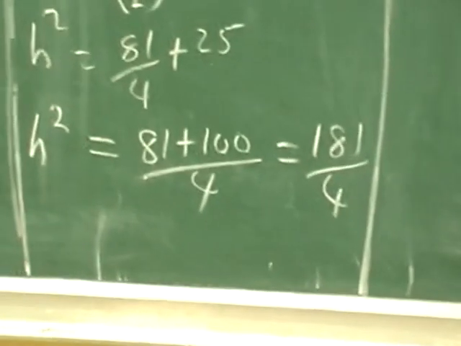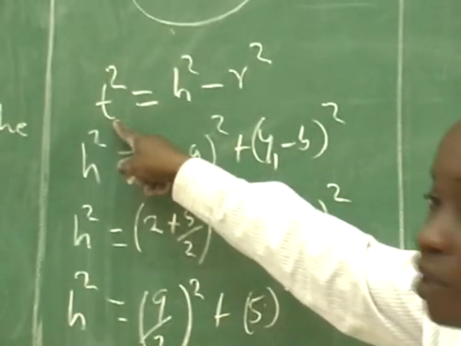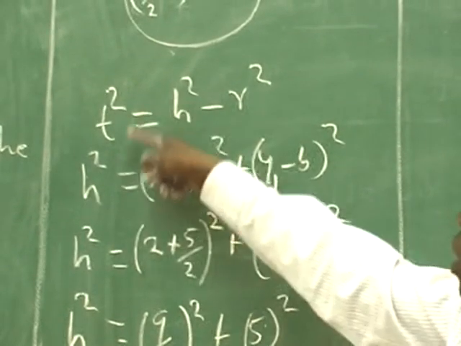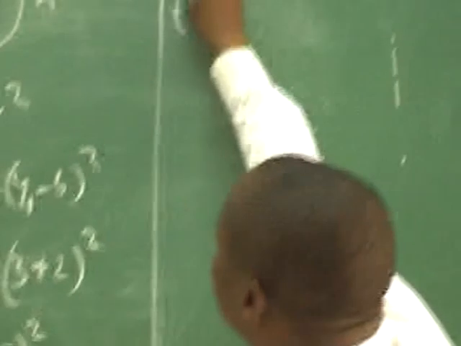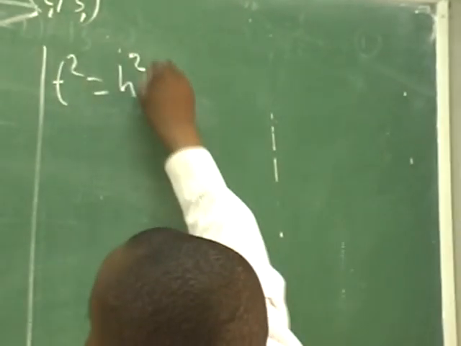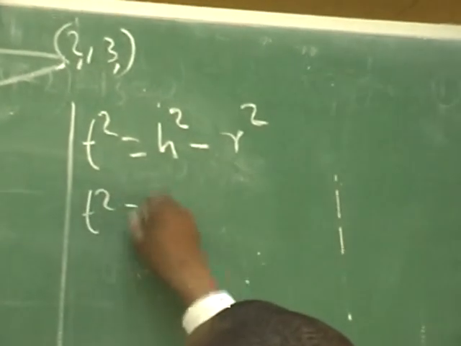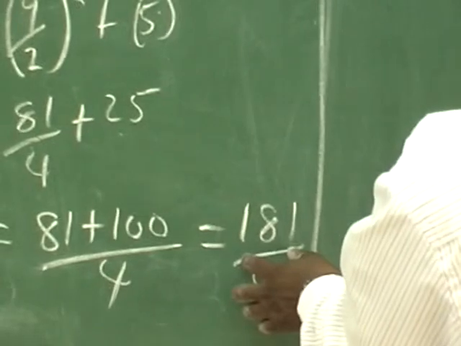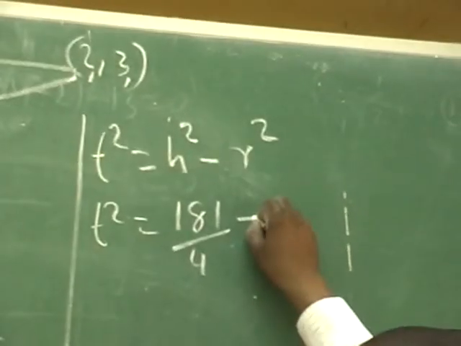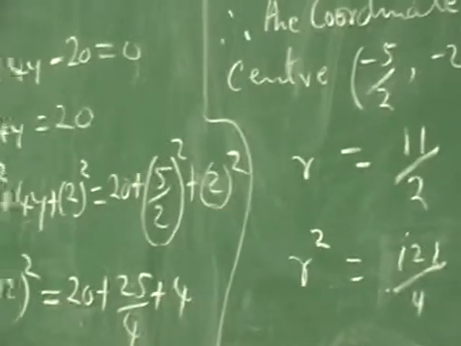Now, how do we get t? Because t is the tangent that we want. So how do we get t squared? We know that t squared is equal to h squared minus r squared. So t squared will be equal to h squared, which is this 181 all over 4, minus r squared. And r squared is what? r squared is 121 all over 4.